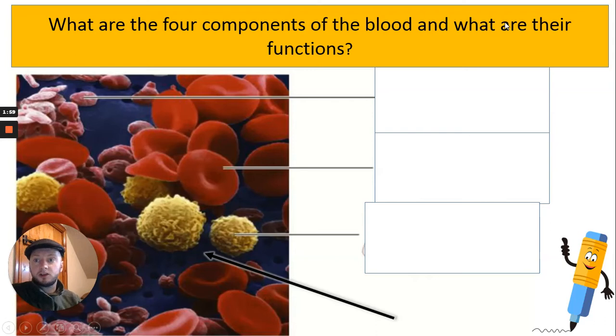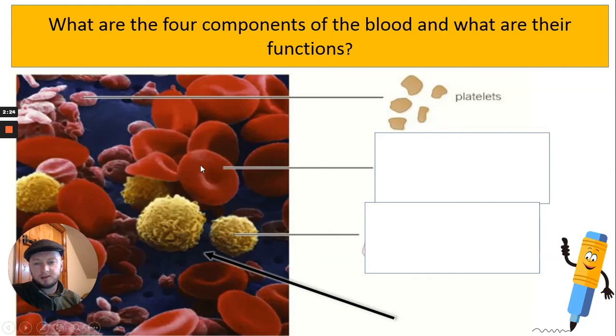First, let's have a look at what the four components of the blood are and what their functions are. So the first tiny piece of the blood, these really small cell fragments, are called platelets. And then you've got this thing here, which is a cell and it's red.